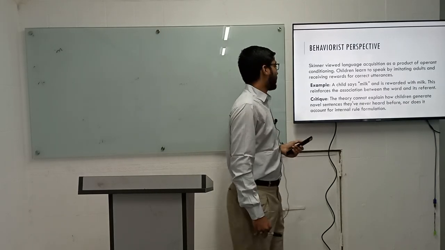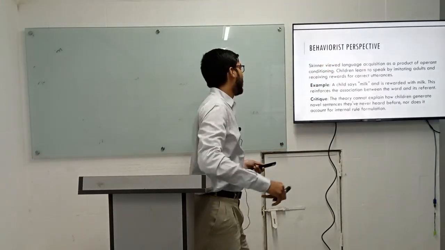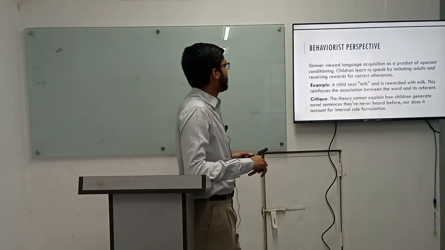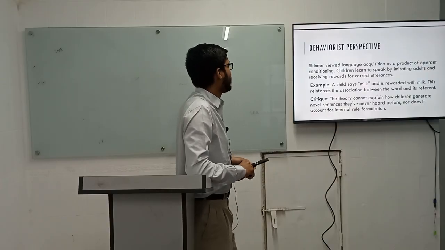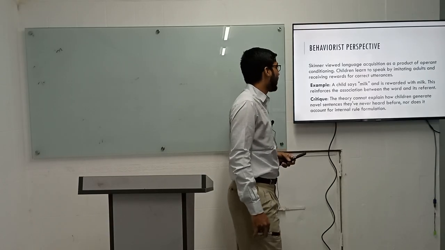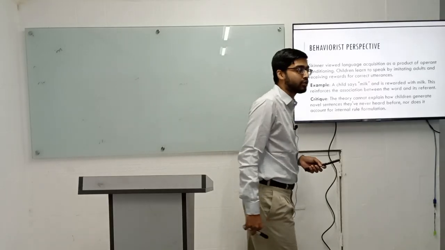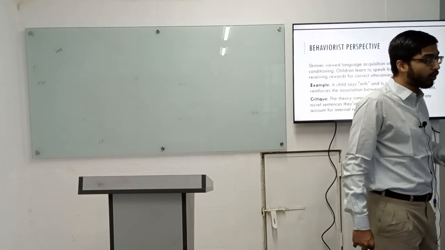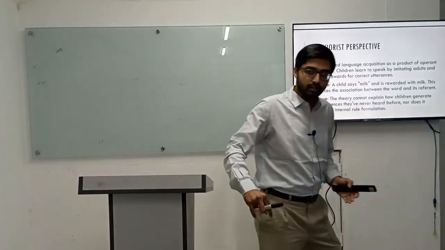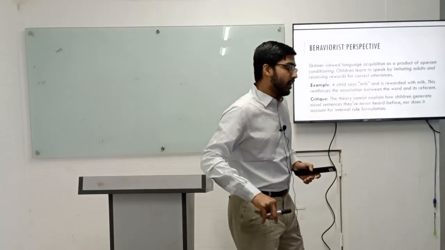So the behaviorist perspective, yes, what you have said earlier: Skinner viewed language acquisition as a product of operant conditioning. Children learn to speak by imitating adults. Yes, children like to imitate, they like to act accordingly.